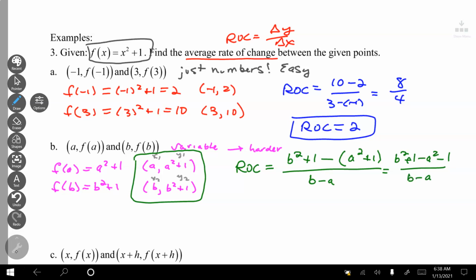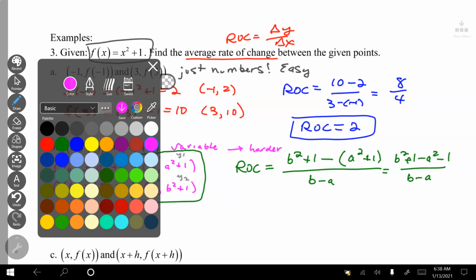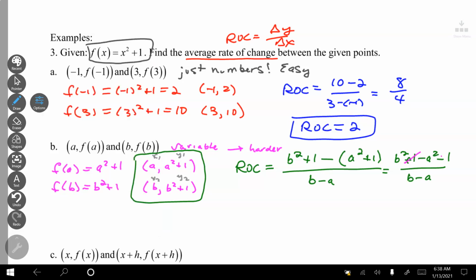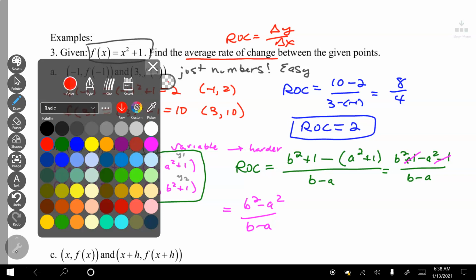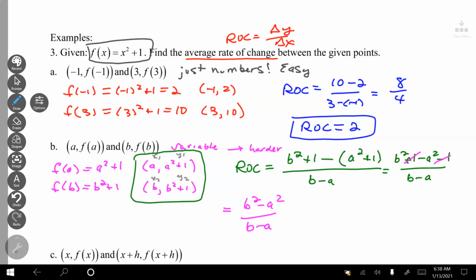And we're going to see this trend is that when I have variables in there, numbers are going to cancel out, and the ones cancel out. And right now I have b squared minus a squared over b minus a. Right now there's nothing you could cancel out. You cannot cancel things out when you have subtraction going on in between them. You need to factor things.